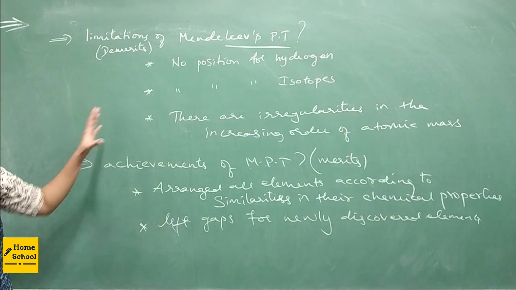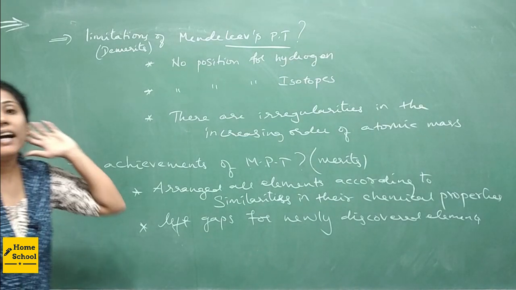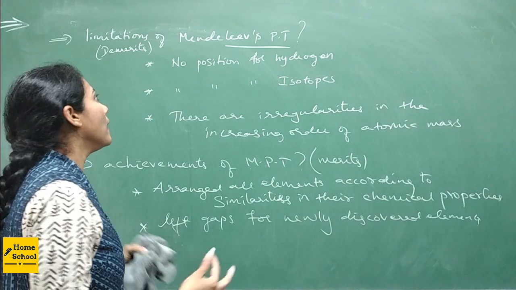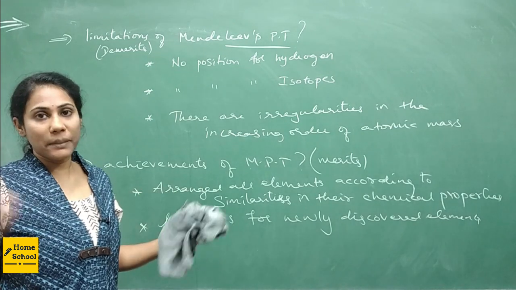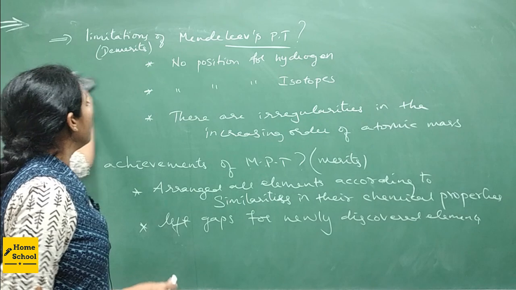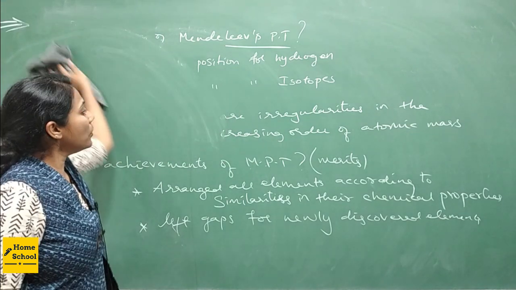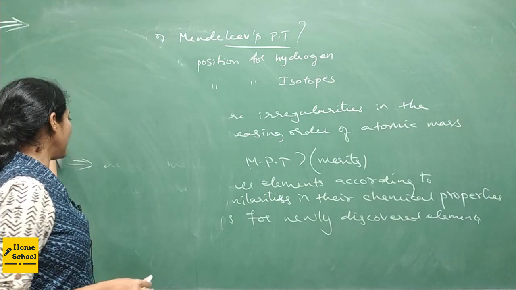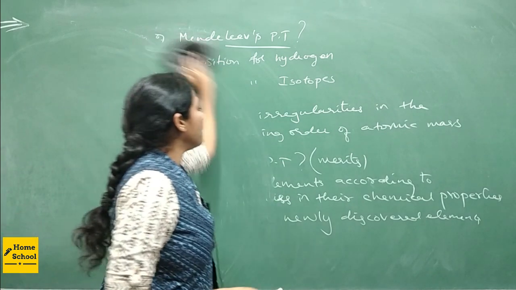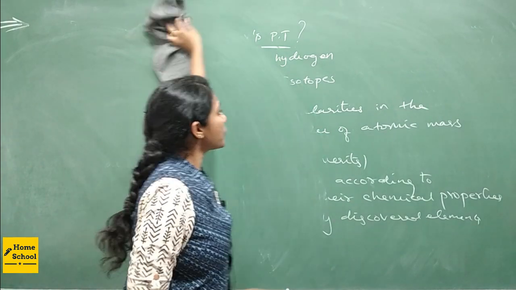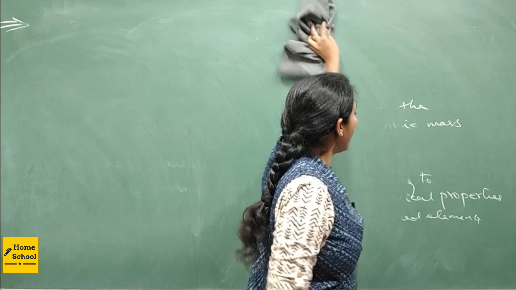So these are the most expected and important questions from the periodic table chapter. One more question that they can ask is merits and demerits of Newlands law of octaves. I'm talking about all theory questions.